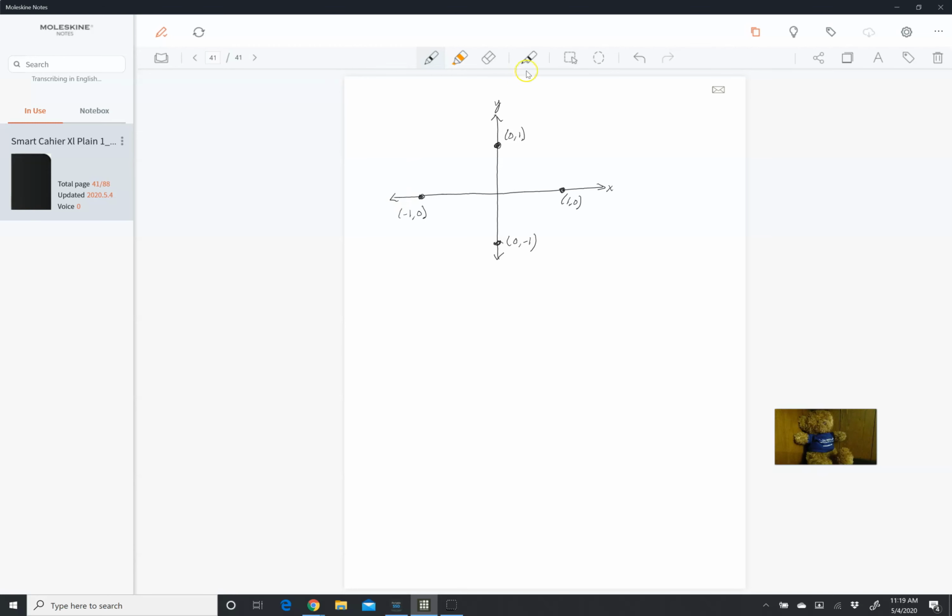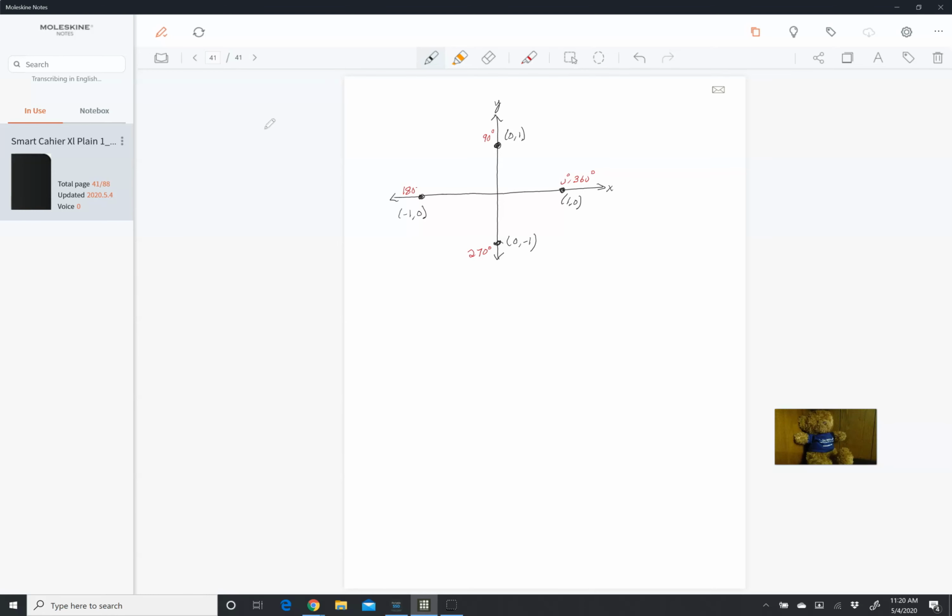Okay, we also know something else. We know what angles these are. So we know the angles in degrees, okay? This is 0 degrees and 360 degrees. This is 90 degrees. This is 180 degrees. And this is 270 degrees.